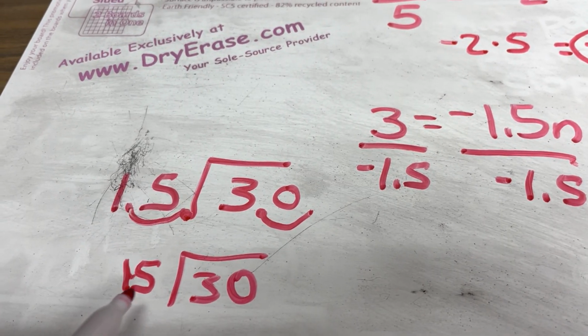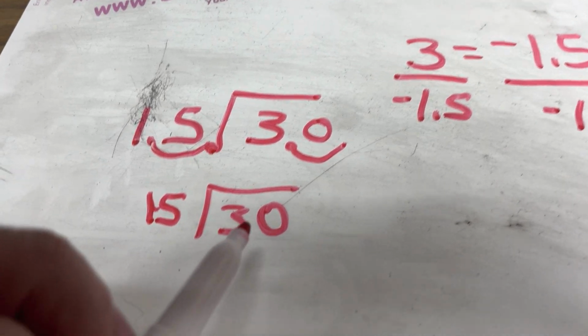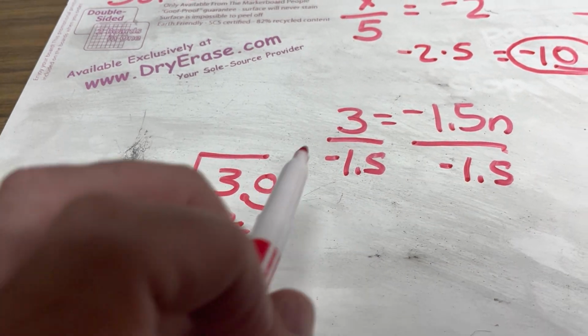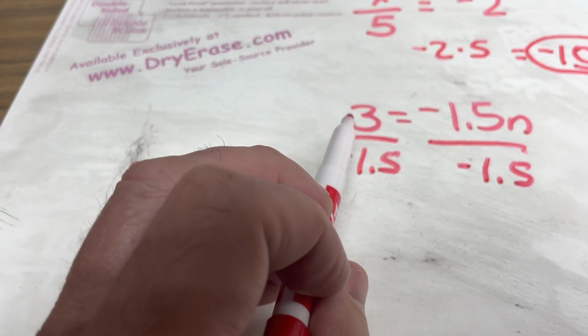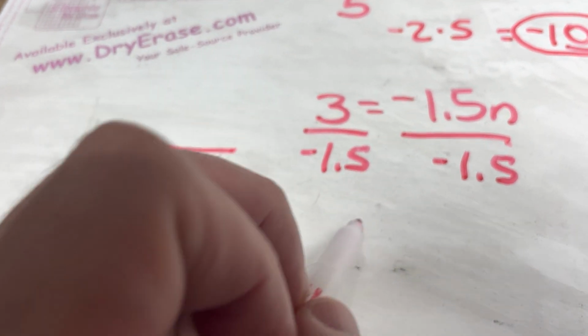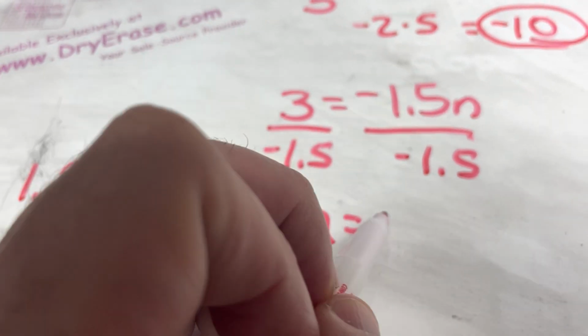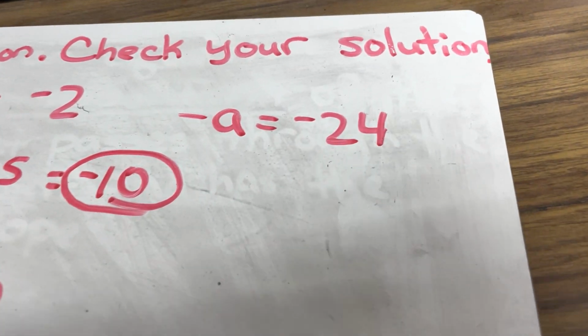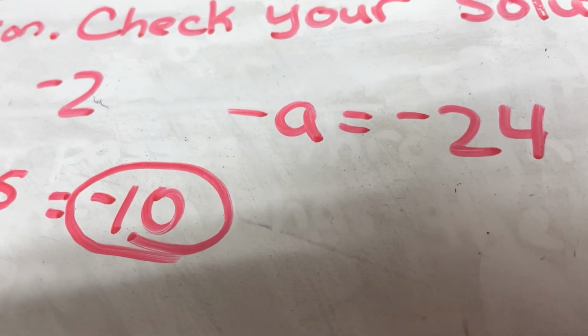Well, I know that 15 times 2 is 30. 30 divided by 15 is 2. But I know that it has to be a negative because the 3 was positive and the 1.5 was negative. n equals -2.